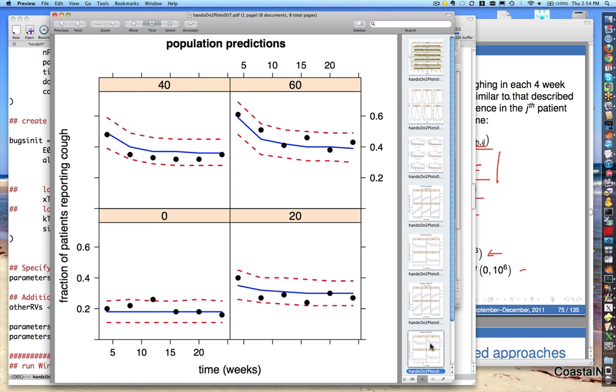The 90% credible intervals are probably a little wider for the population predictions in this case. The reason the differences aren't more extreme is because, for each one of these points, we're averaging over 100 predictions. So when we're taking means over 100 observations, the distinction between an individual prediction and a population prediction sort of vanishes when we're taking averages over that many patients.